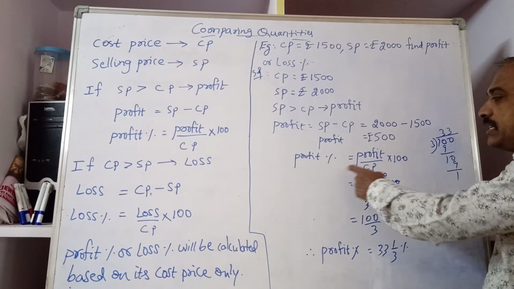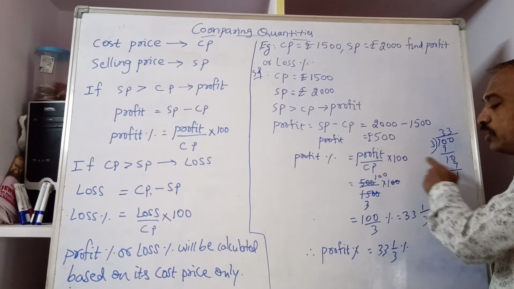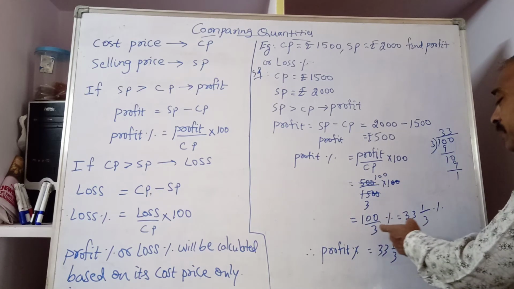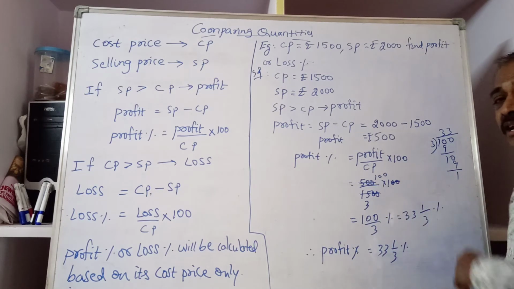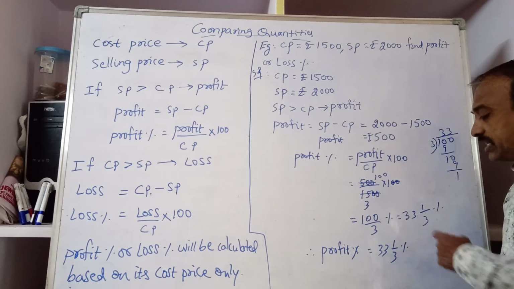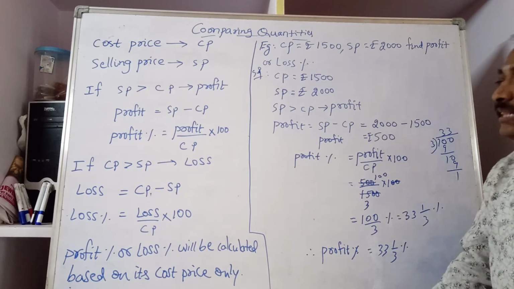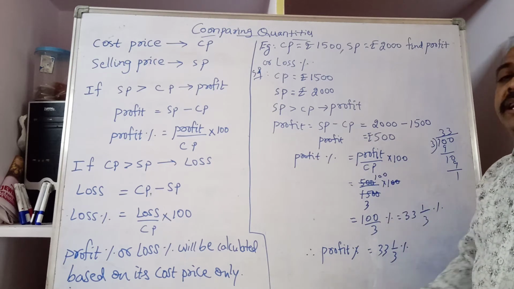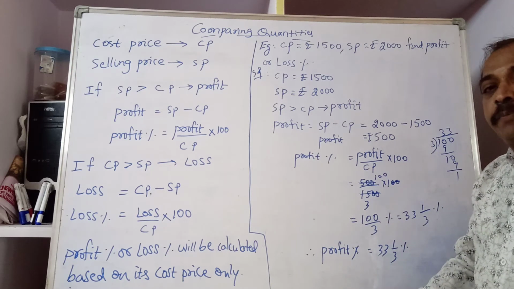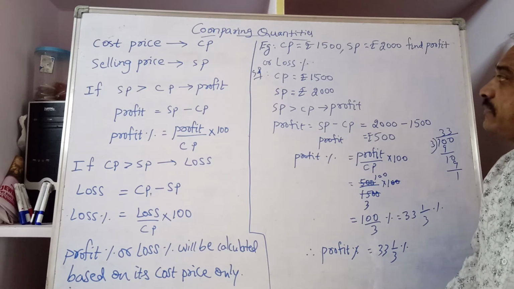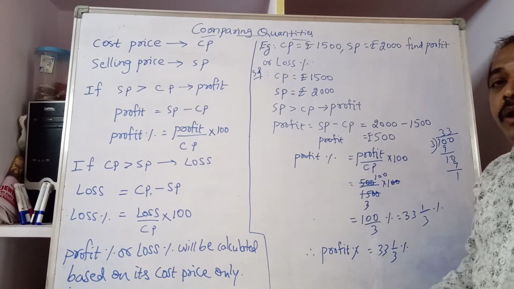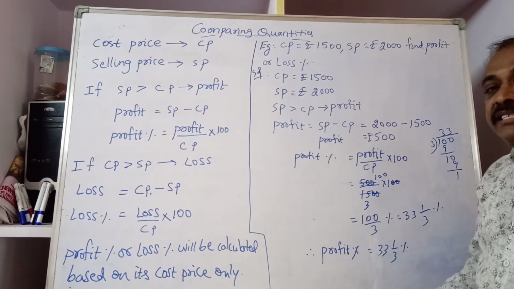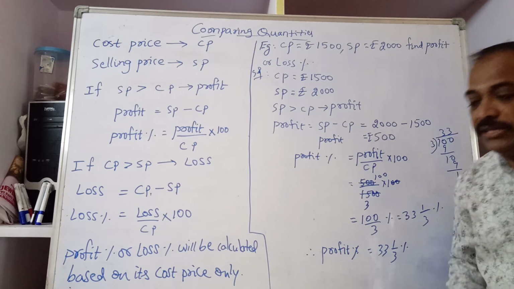Then profit percent is equal to profit by CP into 100. So 100 by 3 we converted into a mixed fraction, 33 1 by 3%. Is it clear? This is how we calculate the percentage of either profit or loss. Let us see one more example on how to calculate loss percent.